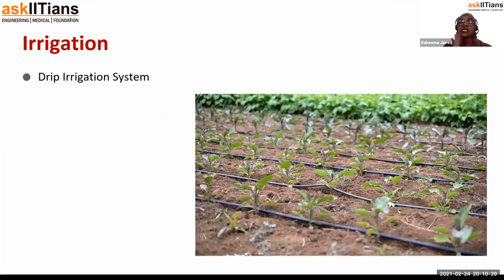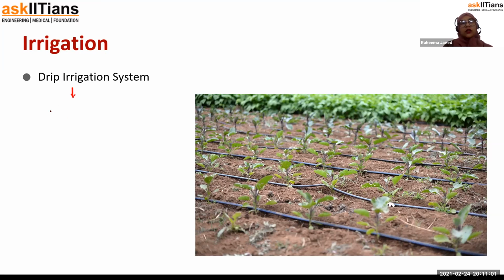Just like sprinklers, there is another system known as the drip irrigation system. In the picture I have shown a pipe going over the plants, and this pipe is basically sending water drop by drop directly to the roots of the plants. So here there is no problem of water logging, there is no water wastage either, and it is one of the most effective methods of irrigation in India.